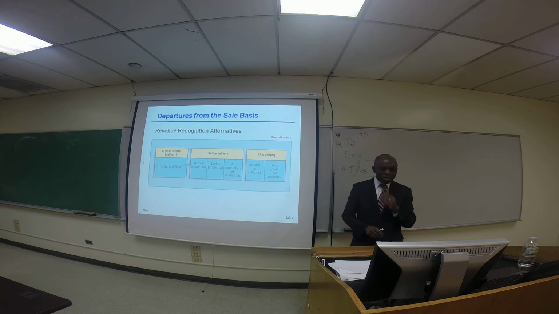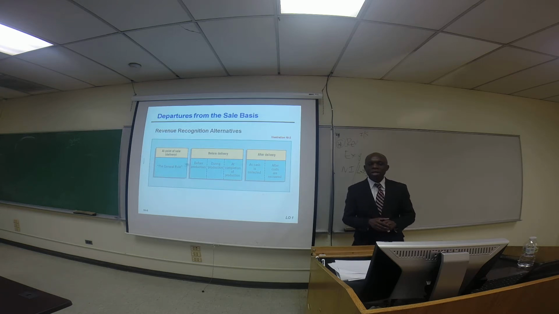However, we have some situations whereby we deal with revenue recognition issues before delivery. So we have three components here: before production, during production, and completion of production. So here we are recognizing revenue even before we complete the job, and we also recognize revenue during production and we ultimately will recognize some of the revenue at completion of production.